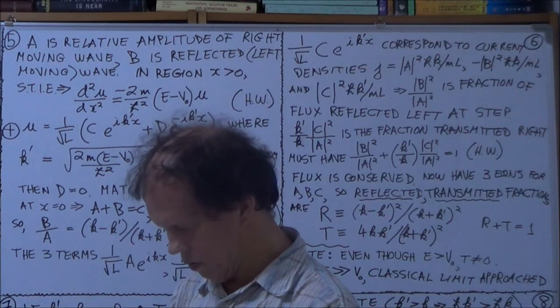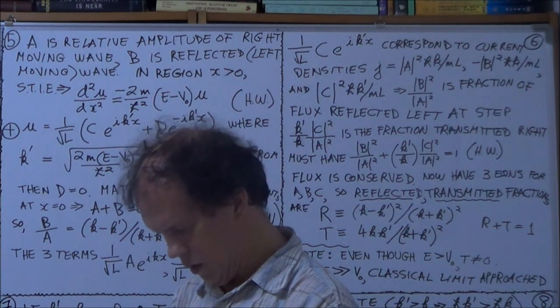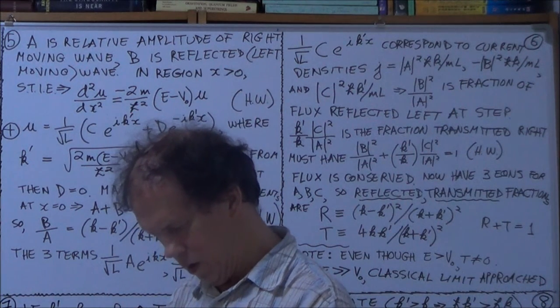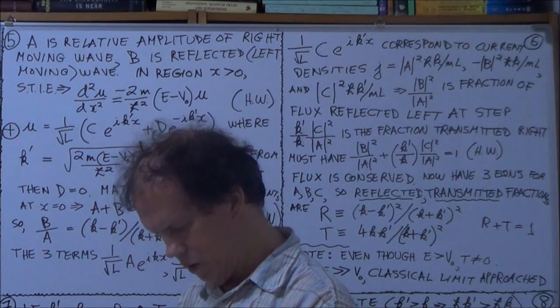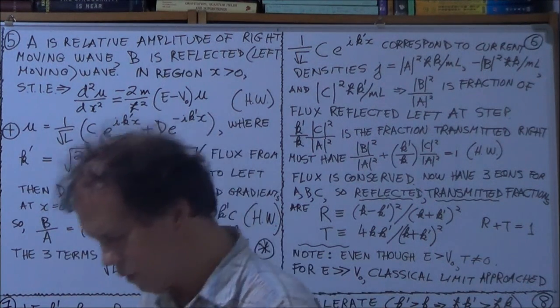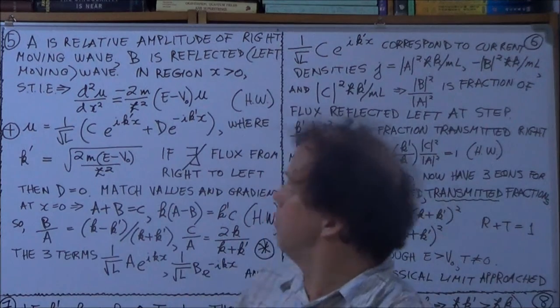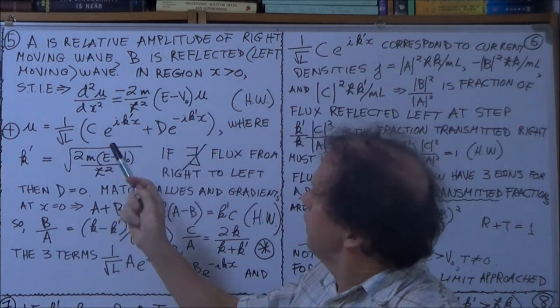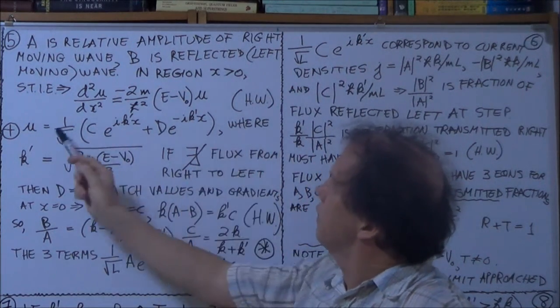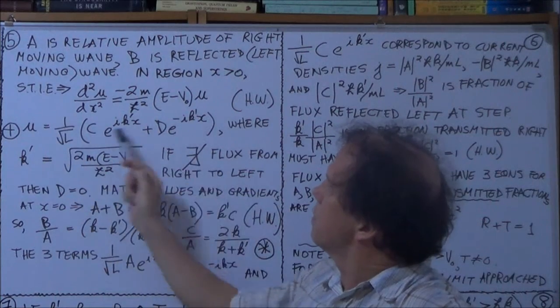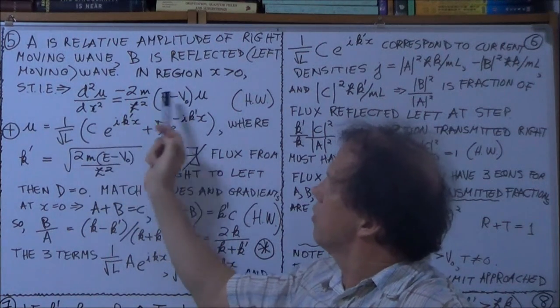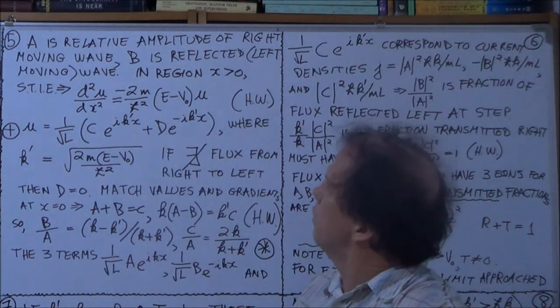Let's check that I've got that correct. Yes. Okay. I was having some doubts there for a moment. So for homework, check that this is the general solution to the Schrödinger equation of this form.